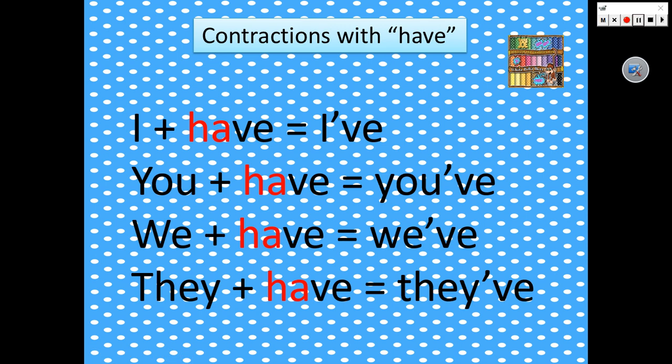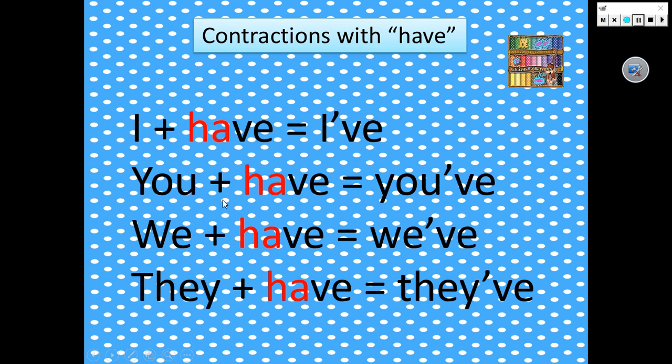Now, contractions with have are a little bit of a rule breaker. So you still are not going to change the first word. You have I plus have, but notice you're going to have to take out the H with the A. So the A is the first vowel, but you're also going to have to take away the H. So take out the HA, put the apostrophe where the HA used to be, and you get I've.